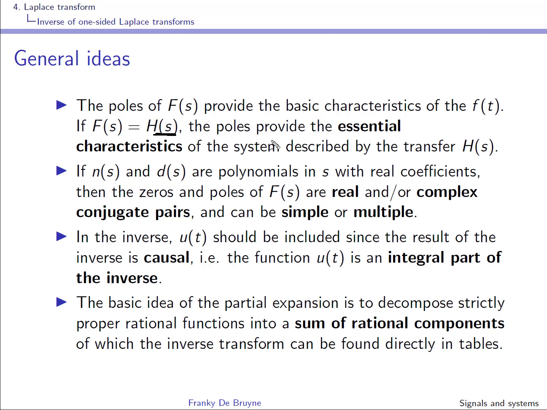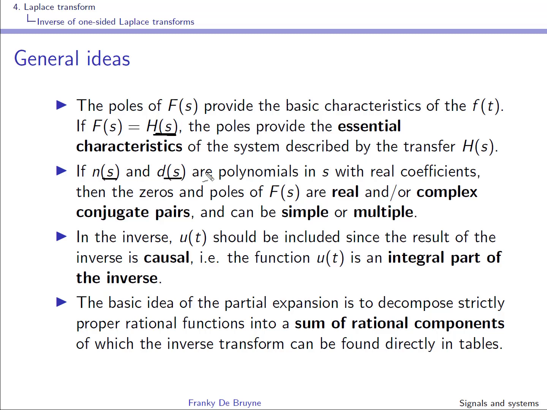So F(s) will be written as a rational function, with a numerator polynomial and a denominator polynomial. The coefficients will be real, and the roots of the numerator and denominator will be real or complex conjugate, and the roots can be simple or multiple.